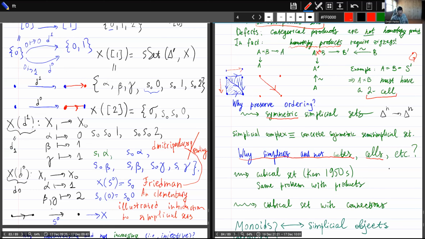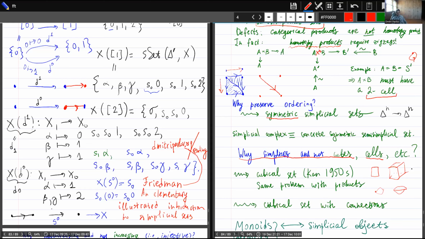So maybe a cube could look like a square, or an honest cube, or a cell could look like a bigon or a couple of bigons, or maybe you can also stick them together and so on.